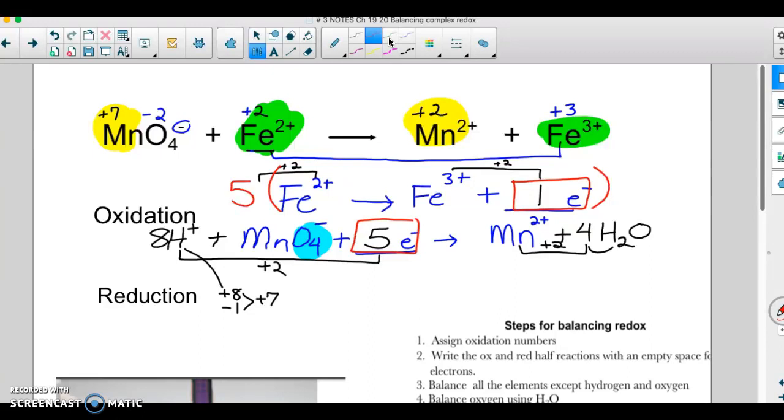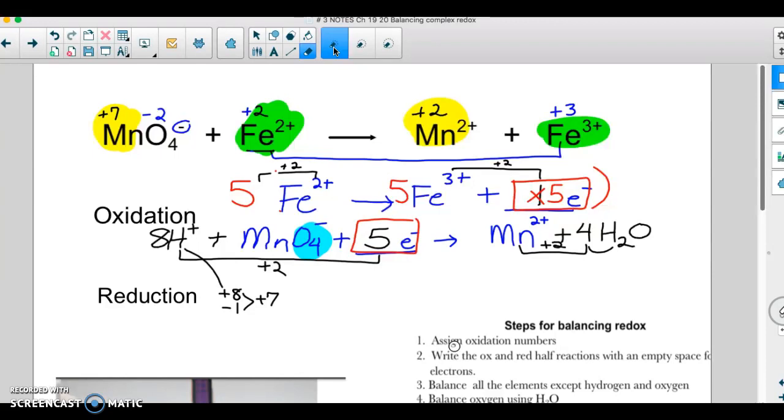So then this would become 5 iron plus 2s, 5 iron plus 3s, and now I would have my 5 electrons when I distribute that 5 through. So I have 5 iron plus 2s, 5 iron plus 3s, and 5 electrons.